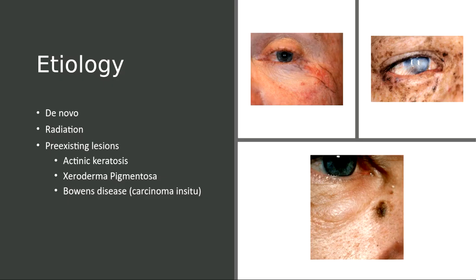As I said to you, a lot of times you know it's a squamous cell carcinoma because you've been following the lesion for a while. But in the cases where they just develop de novo, you're on your own. You have to biopsy and find out what it is. Your history is important. If there's a history of radiation, most likely you're thinking of a squamous cell carcinoma.